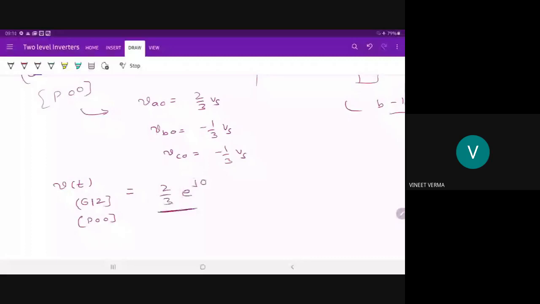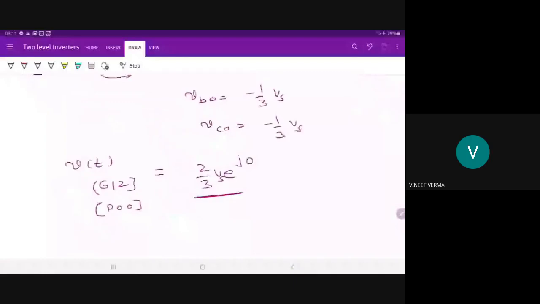You will get 2 by 3 Vs into e to the power of j0. Clear? This is corresponding to P00.